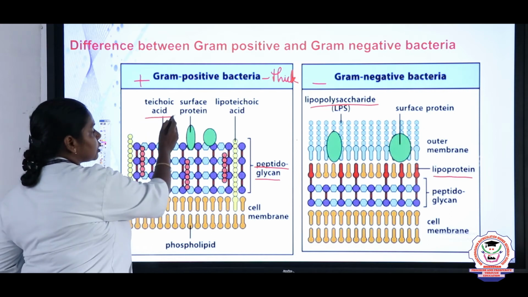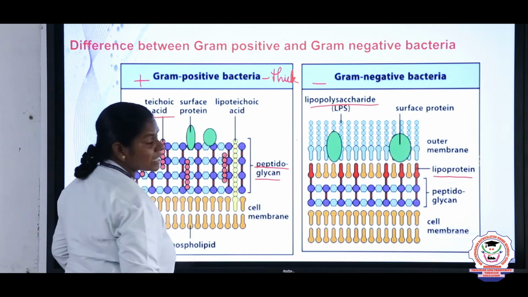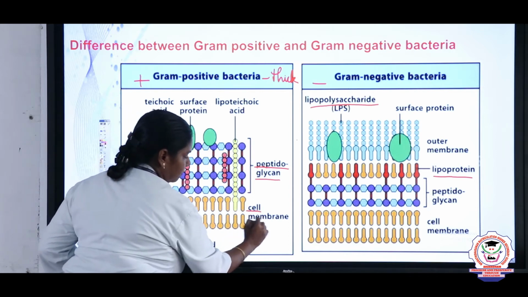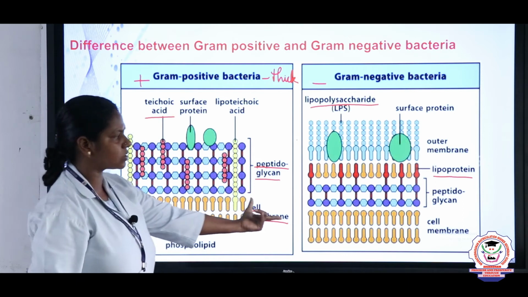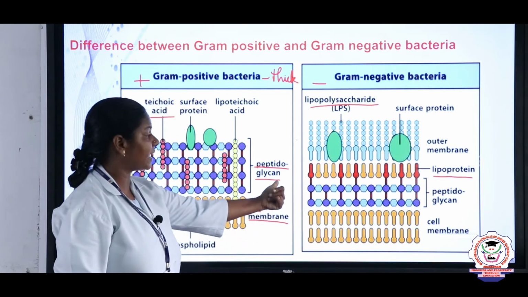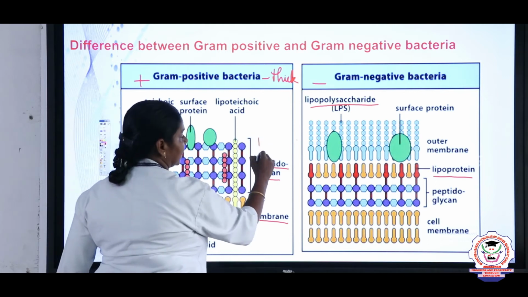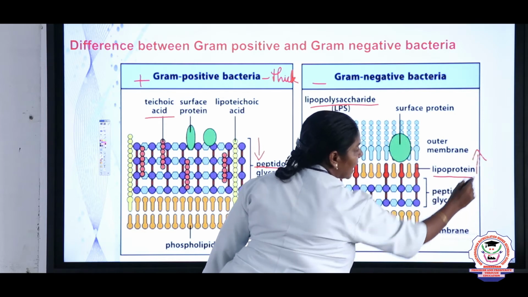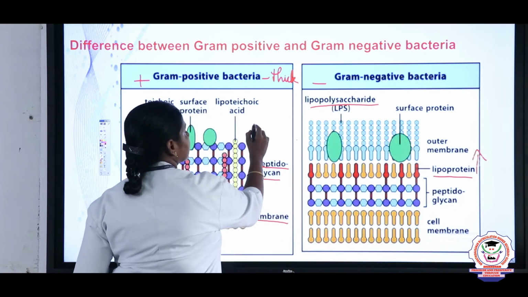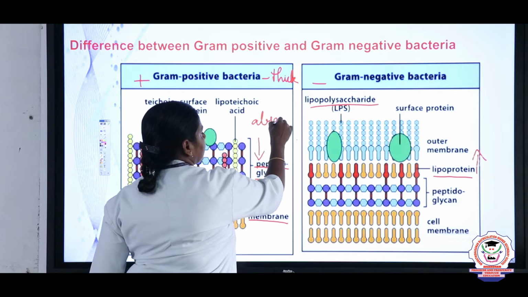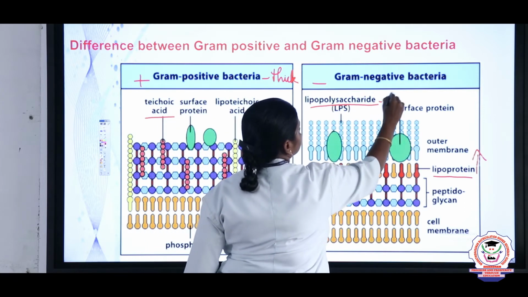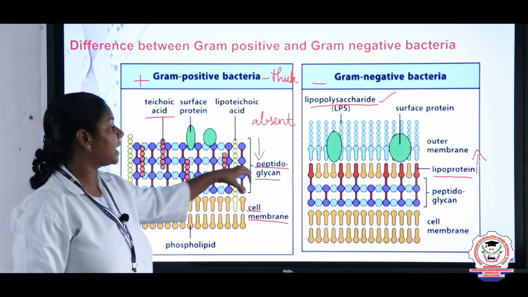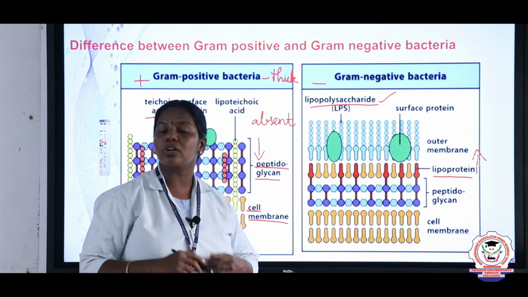Here teichoic acid is present, here teichoic acid is absent, and here the cell membrane is made up of phospholipids, and here also it is made up of phospholipids. Here the lipoprotein content is very less, and here lipoprotein content is very high. Here lipopolysaccharide is absent, but here lipopolysaccharide is present. Here the structure is complex, and here the structure is simple. So, these are the main differences.